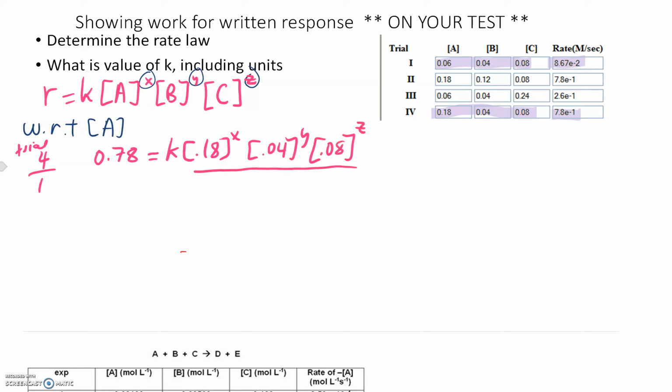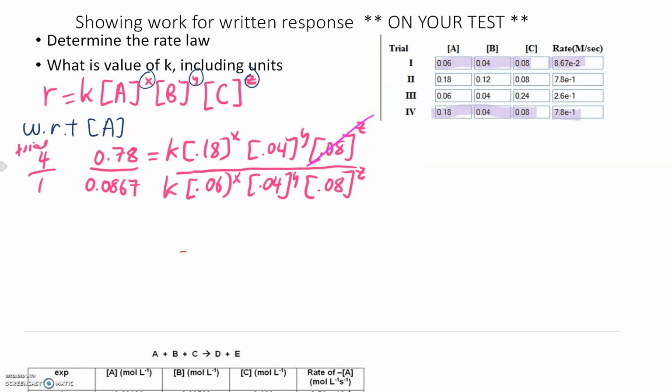On the bottom, I put in the first trial, 0.0867. Because I don't like fractions, I make sure the bigger rate is the one on top. Then we have 0.06 to the x, 0.04 to the y, and 0.08 to the z.